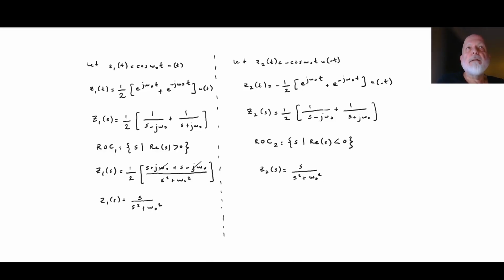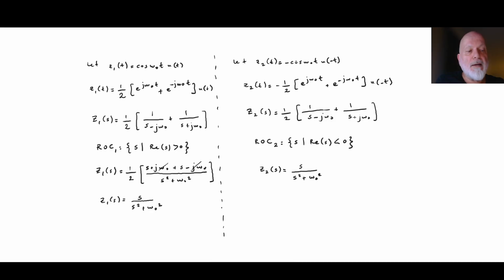Okay. Maybe at this point you have realized the following. When we have a right-sided signal, we have to deal with only the behavior of the integrand as t tends to plus infinity. And for the left-sided signal, we have to deal with the integrand as t tends to minus infinity.